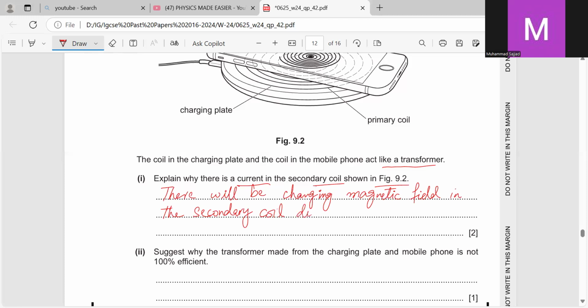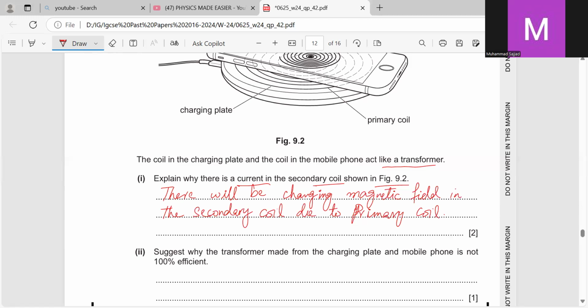Why? Due to the primary coil. So an EMF is induced in the secondary coil.